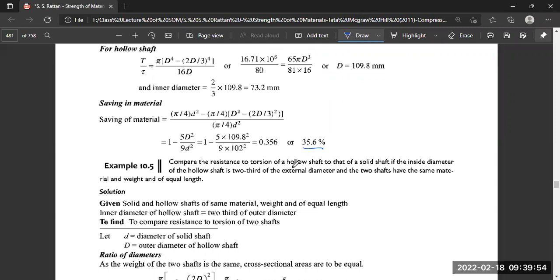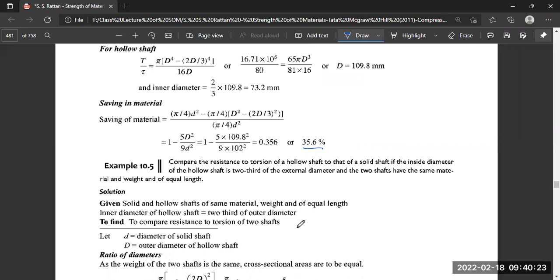We are supposed to calculate the maximum torque in both cases: what is the maximum torque a solid shaft can carry, and what is the maximum torque a hollow shaft can carry, and we have to compare them, provided they have the same raw material, the same length, and the same weight. The inner diameter of the hollow shaft is 2/3 that of the outer diameter.